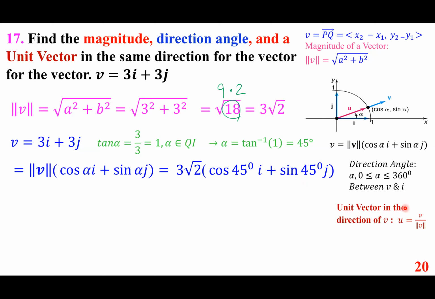So unit vector in the direction of v would be just dividing the vector by its magnitude. So let's divide the vector by its magnitude. Here's the vector, here's the magnitude. So if we divide it by that, it becomes a unit vector.